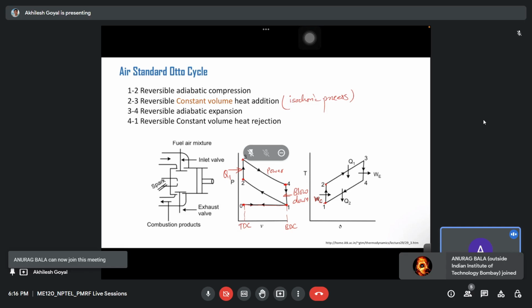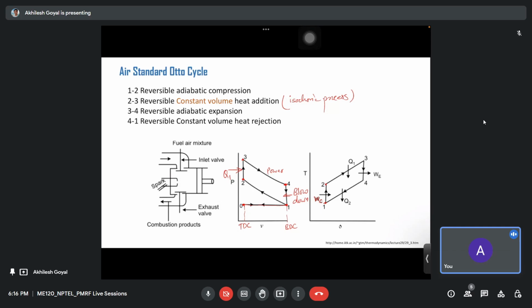So here you can see from point 1 to 2, the air plus fuel mixture is being compressed. So WC work is given to the air fuel mixture. From point 2 to 3, that is constant volume heat addition. The heat Q1 is added here, and then from point 3 to 4, that is the actual power stroke, means work is delivered to the crankshaft.